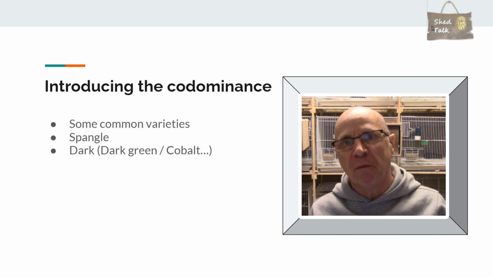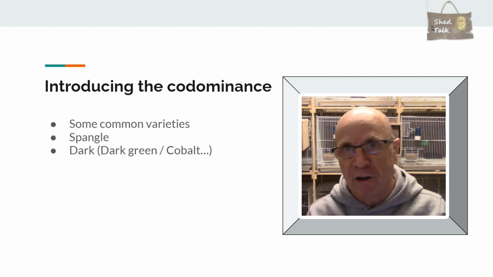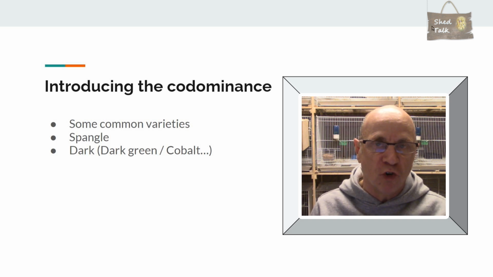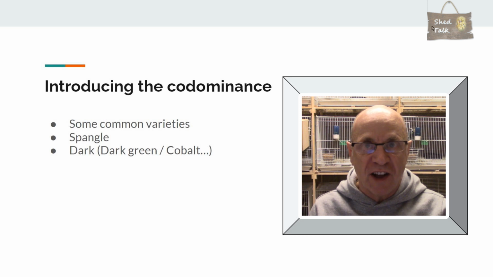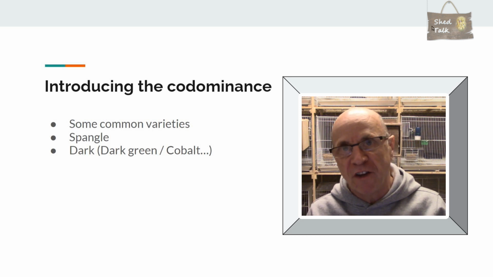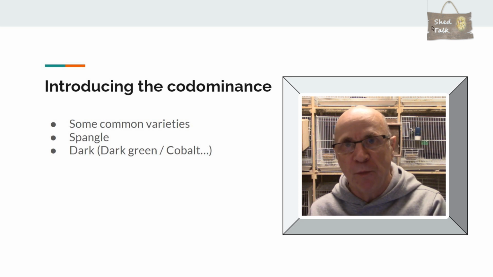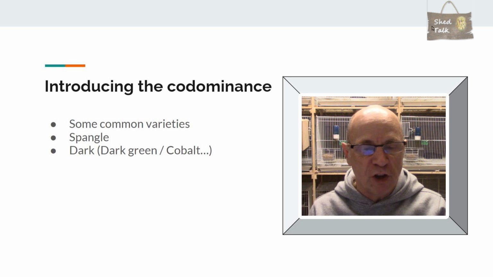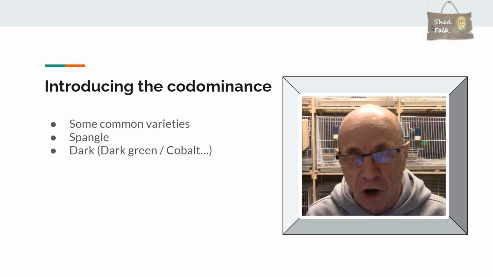So the first one I'll briefly mention is the dark factor. There again, I'm using the word factor there. We know the dark factor does come in a single and double factor, and that in effect impacts on how dark the bird will be. So if it contains no dark factors, then it will be the normal light green or sky blue.